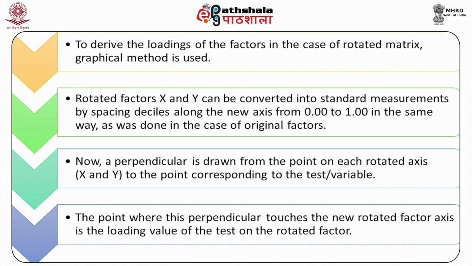Now, a perpendicular is drawn from the point on each rotated axis x and y to the point corresponding to the test or variable. The point where this perpendicular touches the new rotated factor axis is the loading value of the test on the rotated factor.